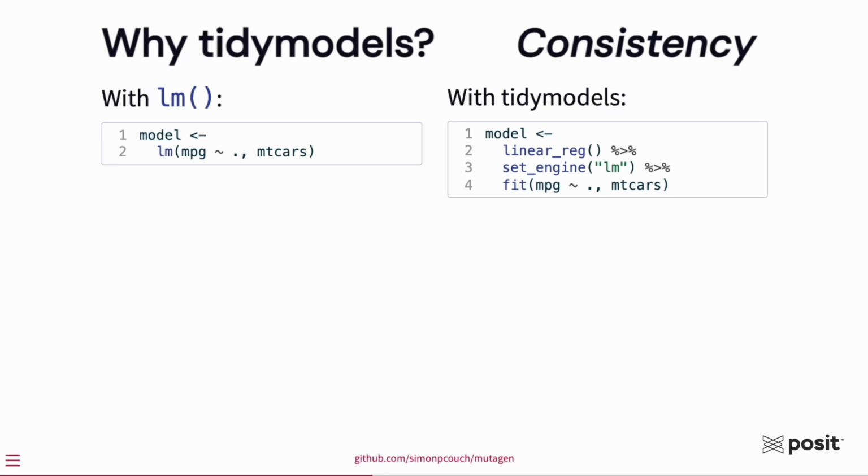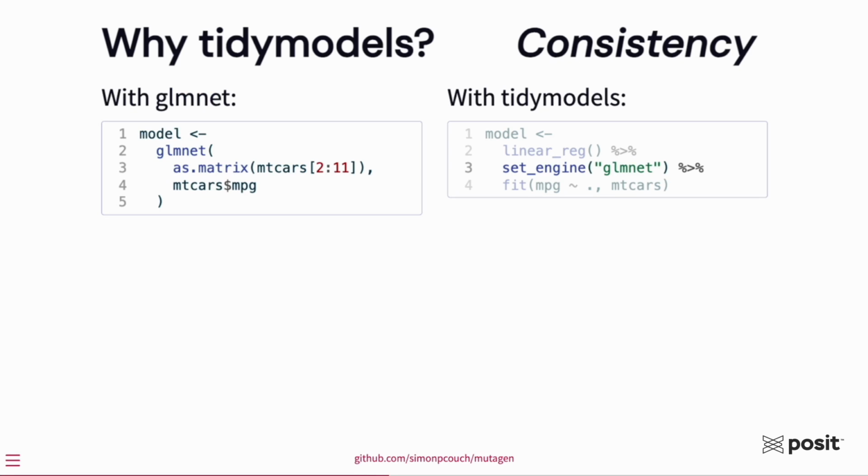Look at line 3 in the tidy models portion of the code, where I've set the engine to LM. If I want to transition that code to instead use glmnet, all that I need to do is change the portion of the code that said LM to instead say glmnet.